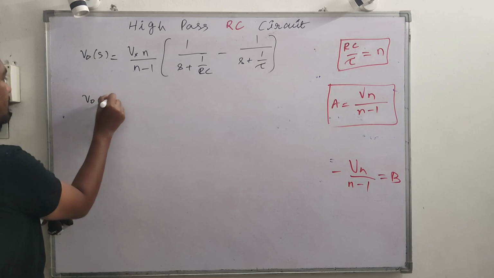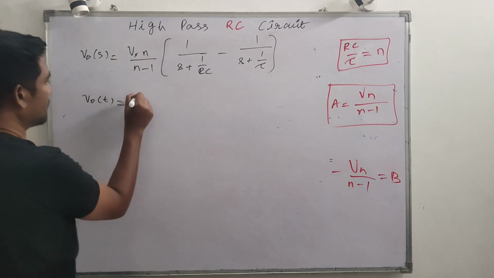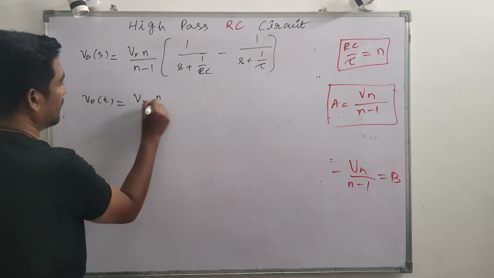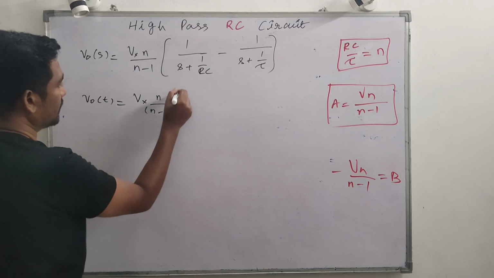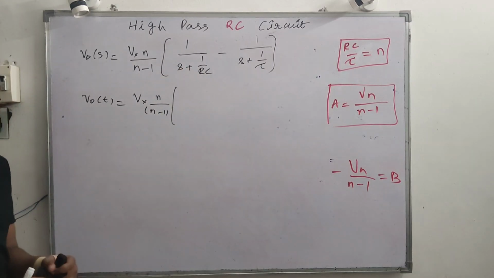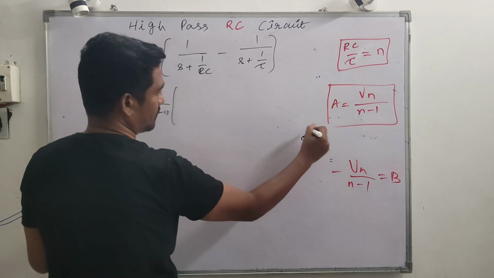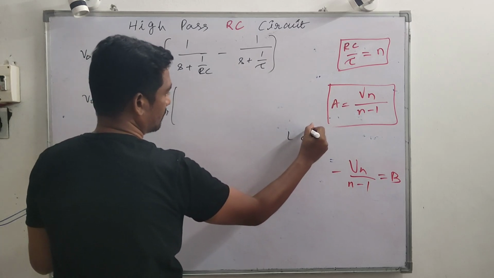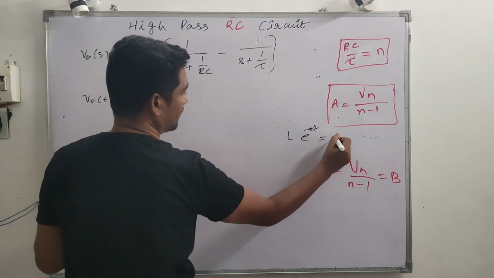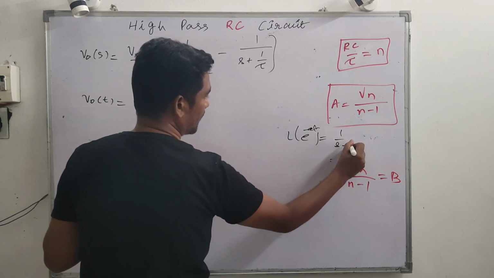V naught of t will be equal to, it's a constant, v into n upon n minus 1, nothing to do with this one. It's a standard Laplace pair. Previously, the Laplace transform of e raised to minus at is equal to 1 upon s plus a.